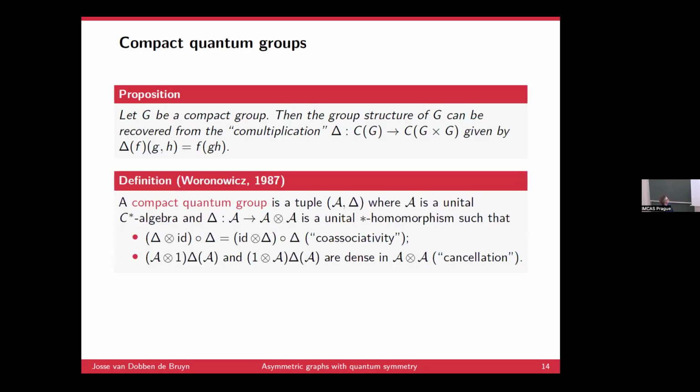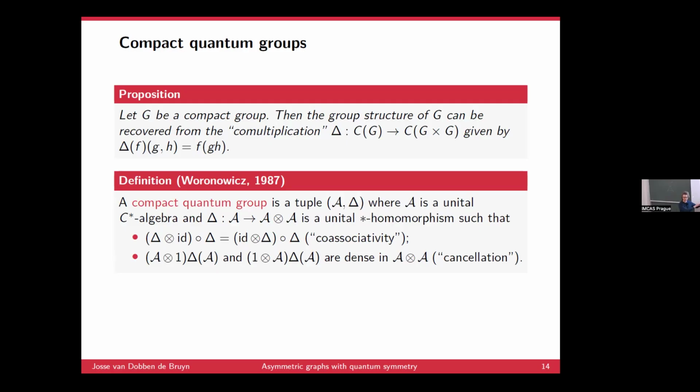And I guess that's sort of the motivation why we define a compact quantum group like this. So there's a unital C-star algebra A and a unital star homomorphism delta from A to A tensor A, where the tensor now is not the bare tensor product of vector spaces, but the C-star algebra tensor product, specifically the spatial C-star algebra tensor product.